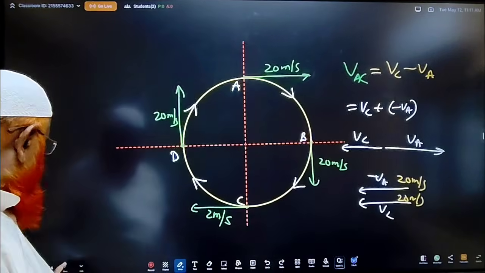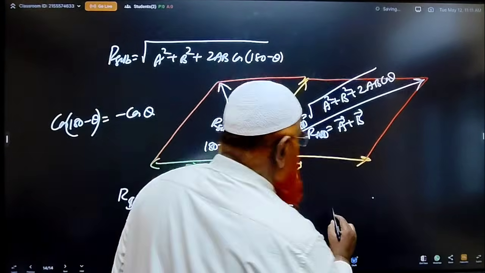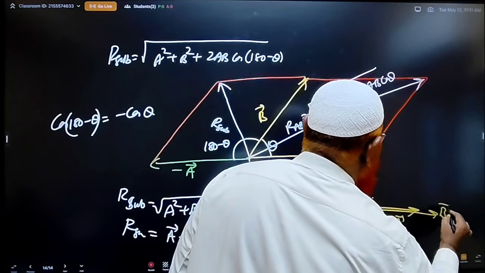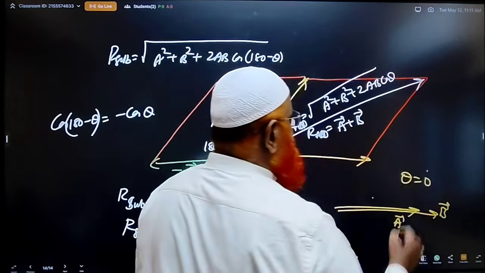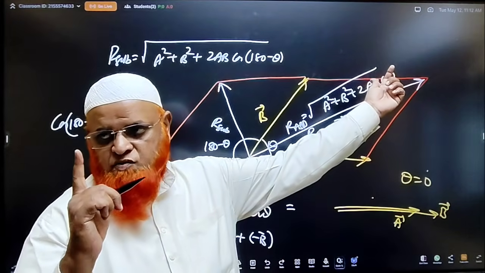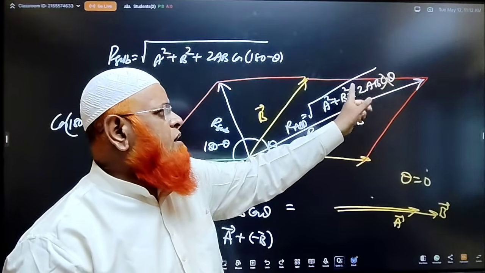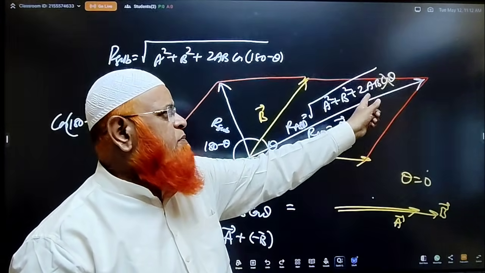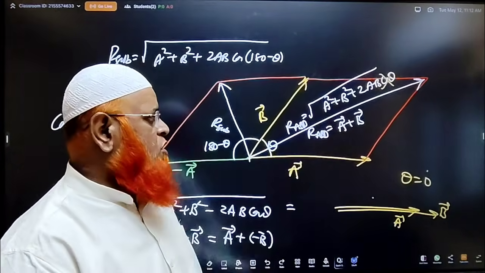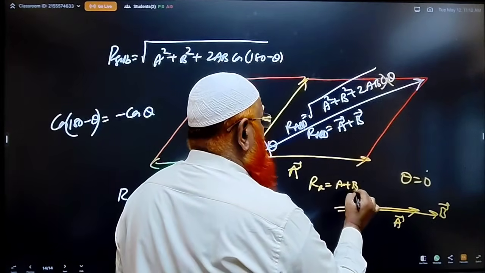Why is it 40? Because the A vector is in the same direction and the B vector is also in the same direction. Means what is angle theta? Theta is 0. And what is cos 0? Cos 0 is 1, so cos theta won't be there here. Only A square plus B square plus 2AB, just like A plus B whole square.